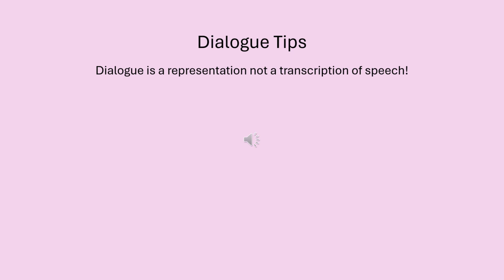They may talk in incorrect grammar in the sense of sometimes people start a sentence and then change their mind where the sentence is going and shift off. Now, a little bit of all of these things is okay, but when we're talking about a representation, not a transcription, we want it to feel like real people talking.